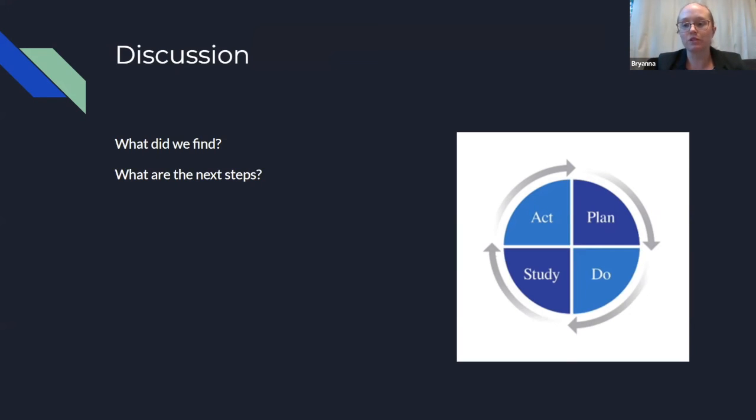So if A1Cs were checked, or if aspirin was prescribed, or if postpartum hemorrhage risk was elevated, if the deliveries were actually managed with that in mind and we could see that patient outcomes were impacted by the screening. And so that would be my next step, to actually find out if patient outcomes improved with the screening.